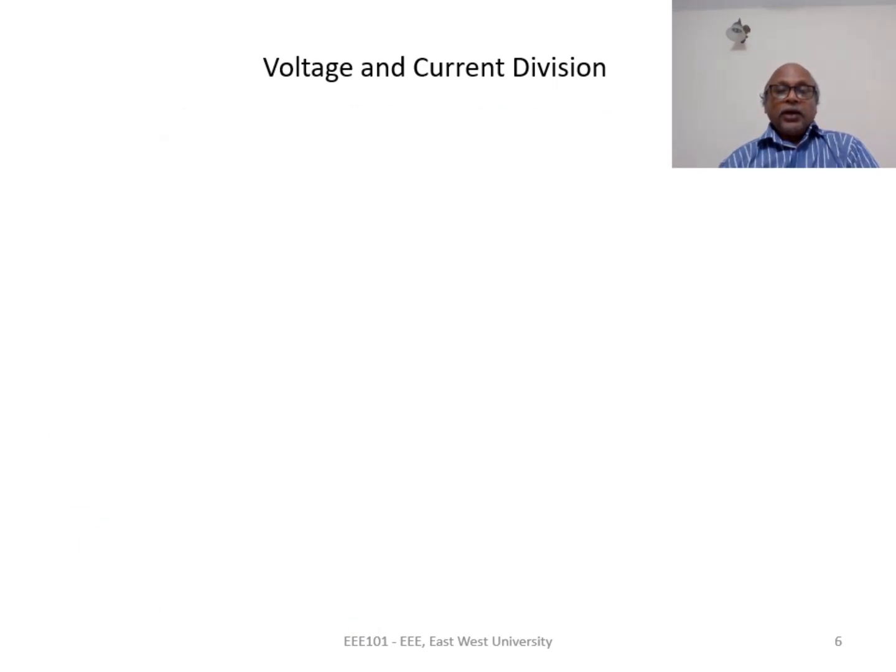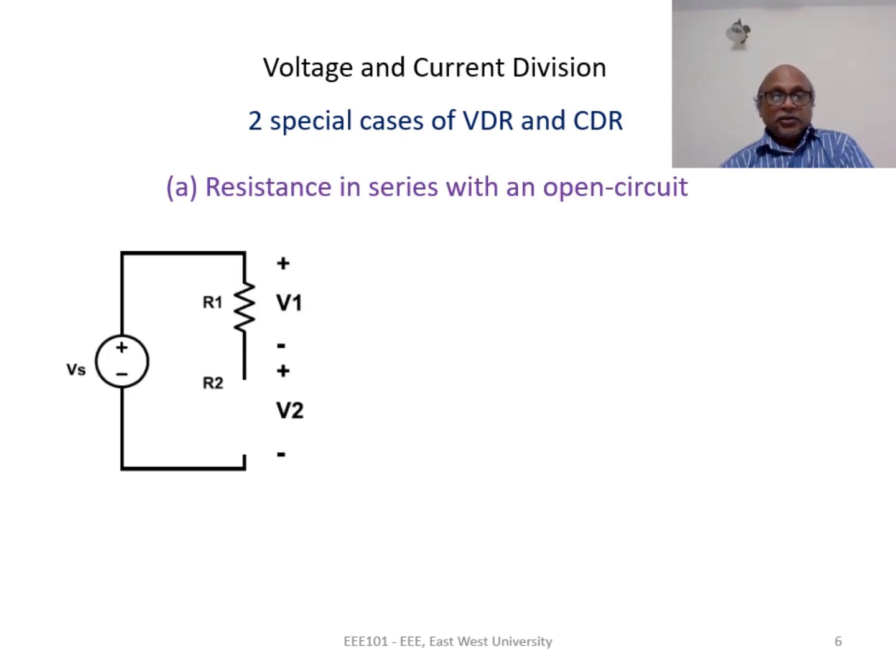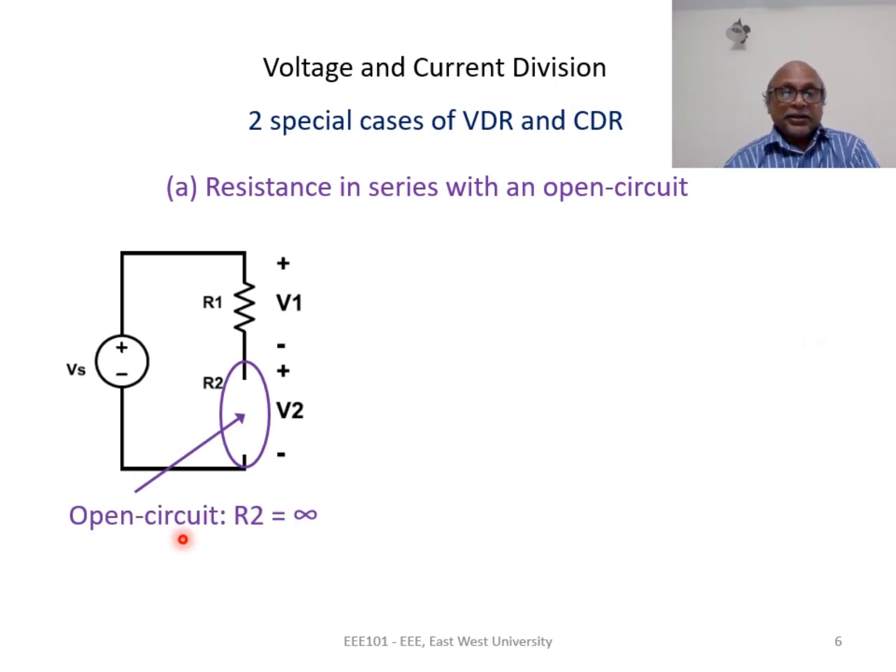Now we will look at two special cases of voltage divider rule and current divider rule. First, we consider the situation when we have a resistance in series with an open circuit. R2 is an open circuit. We have already discussed that an open circuit means infinite resistance.